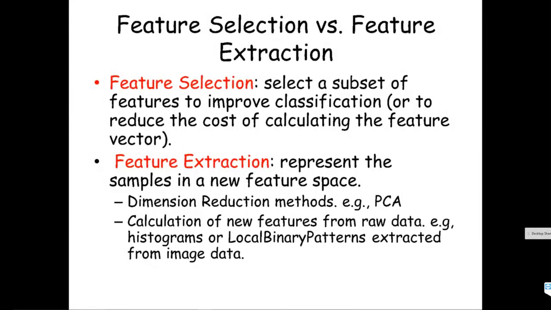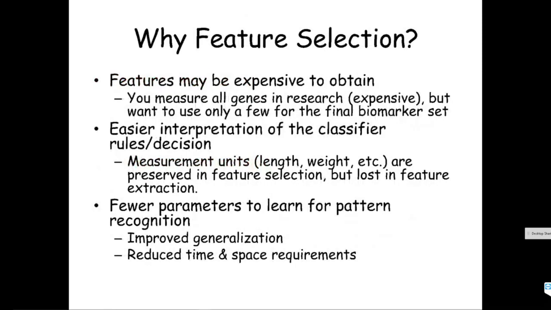In your image processing homework, you did feature extraction. You had the pixel values, but you calculated the histogram, that was feature extraction. So from the large dimensional data where you had 30 by 30, that's 900 features, rather than using those, you just used the histogram values, which gave you a smaller number of features. Feature selection will limit to the definition of using some of the columns and not using the rest.